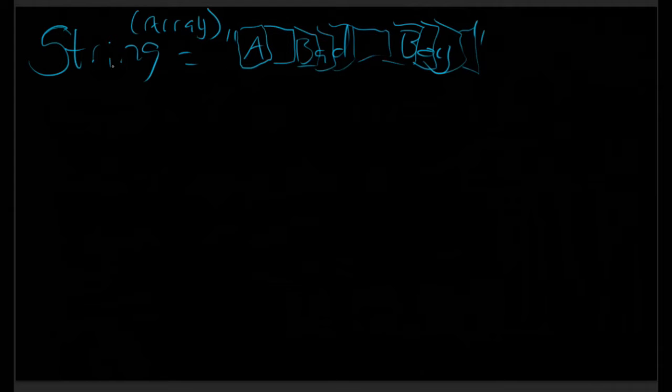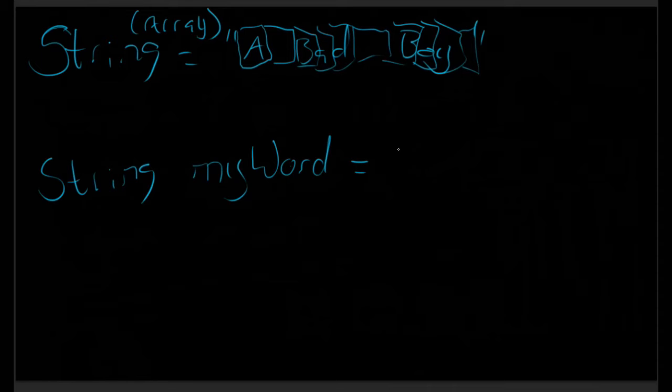So when we create this, it's going to create the array. Let's say, for example, we'll call it my word, my sentence, I don't know. And that sentence is going to be whatever we have up there, right?